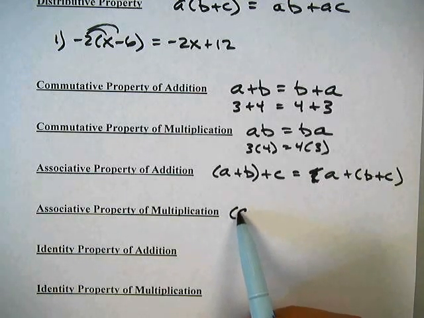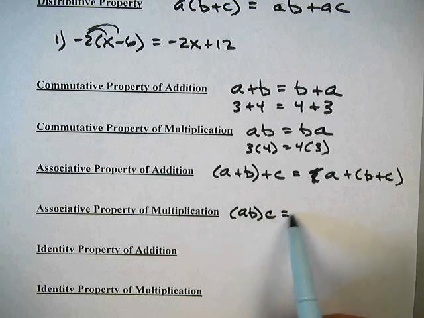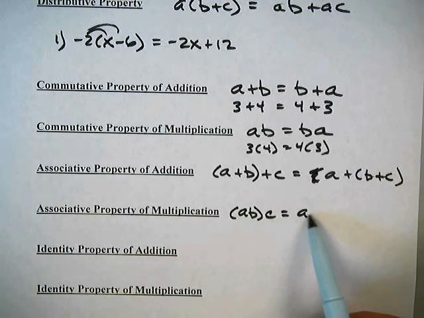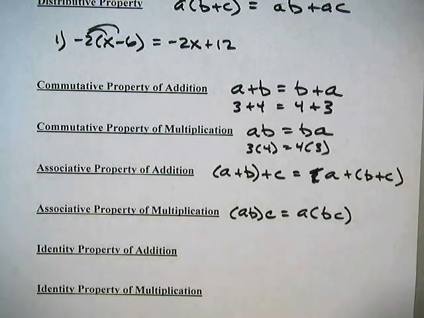And multiplication goes the same way. If I were to take A times B and then multiply by C, it doesn't matter if I did that or if I did this. Okay, so the order in which you do that doesn't make a difference.